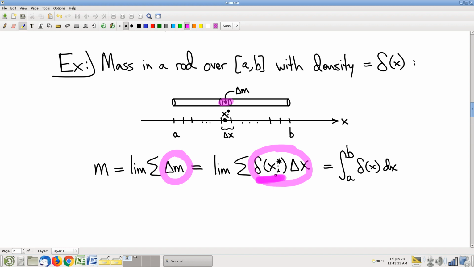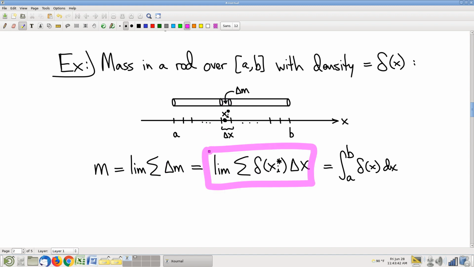It's never actually constant on the little pieces, but it's increasingly close. So that's the argument, and then look what we have. We have, sure enough, a Riemann sum. That is exactly a Riemann sum.